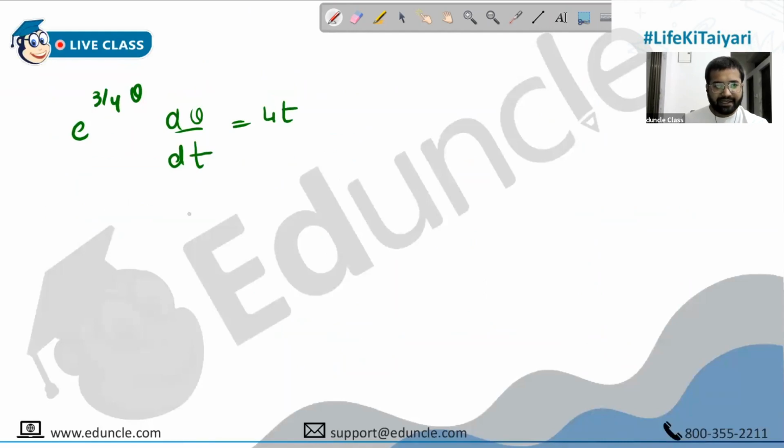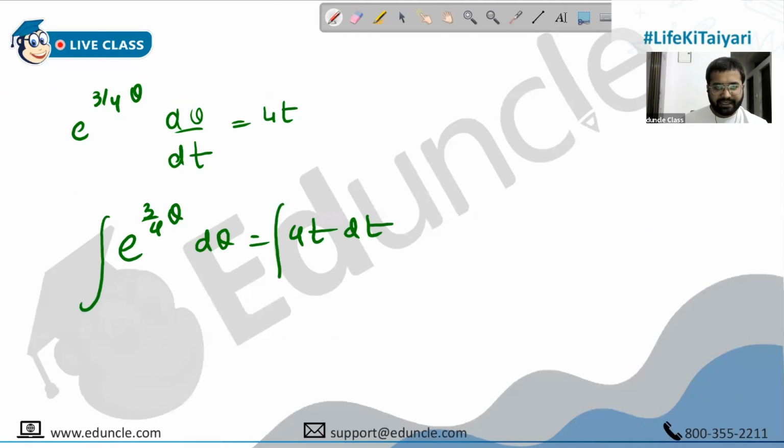And now we can get another equation here. We've got e raised to 3 by 4 theta d theta equals 4t dt. Integrate both the sides. Integration of e raised to x is e raised to x. Integration of e raised to 3 by 4 theta is e raised to 3 by 4 theta, but you have to divide by the constant 3 by 4.